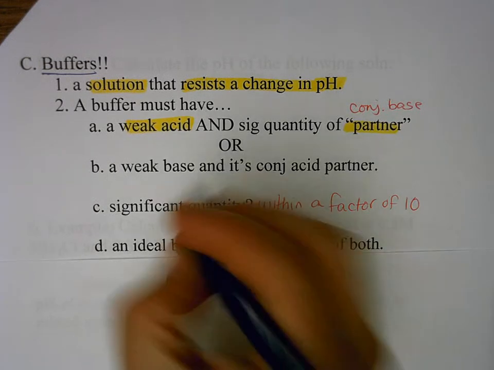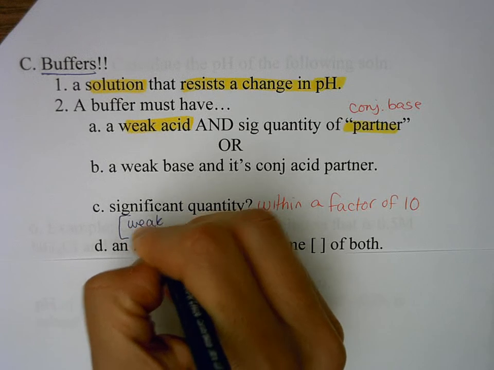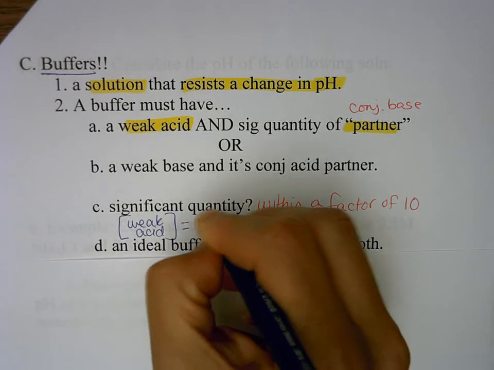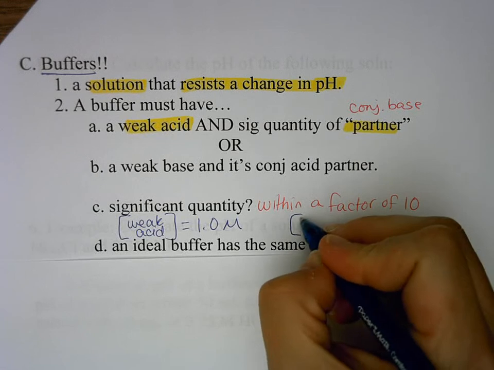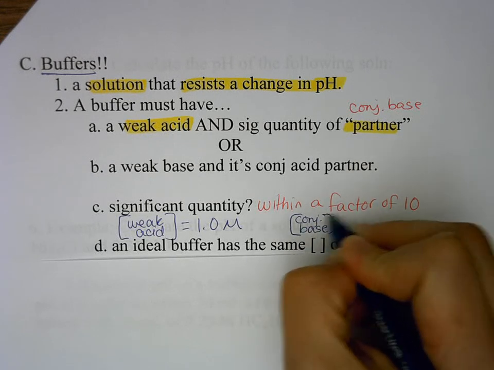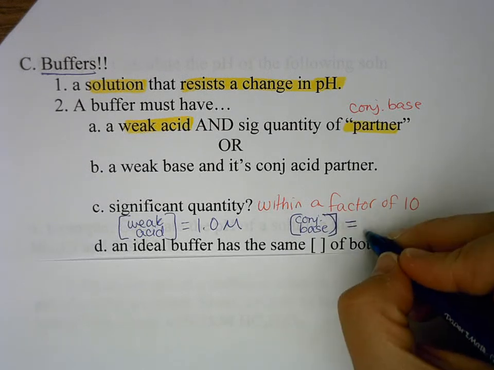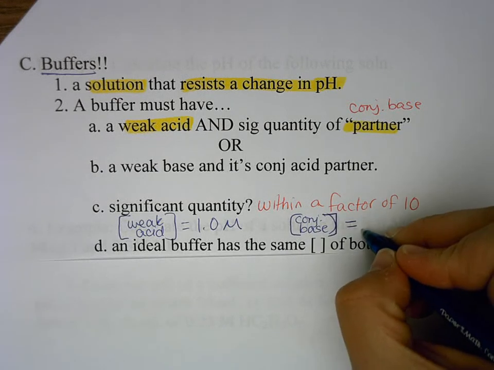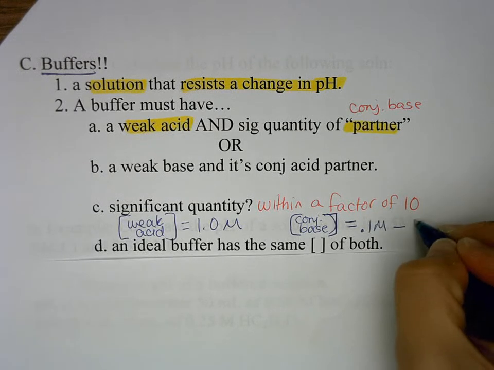So if the concentration of your weak acid is 1.0 molar, then for the conjugate base you need a concentration anywhere from 0.1 molar, dividing by 10, all the way up to 10 times that, 10 molar.